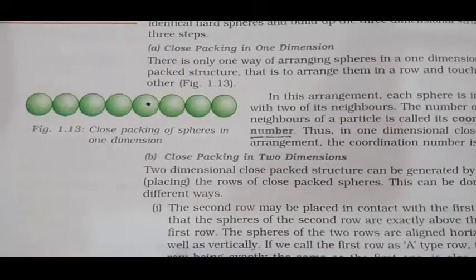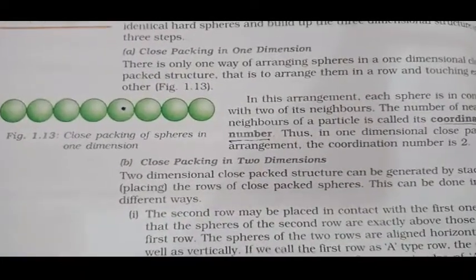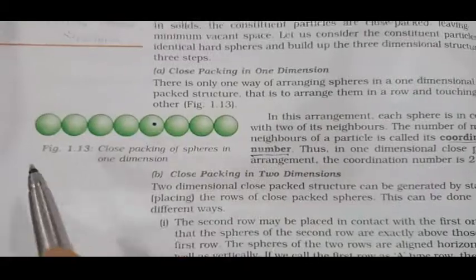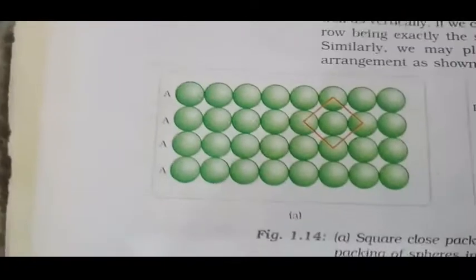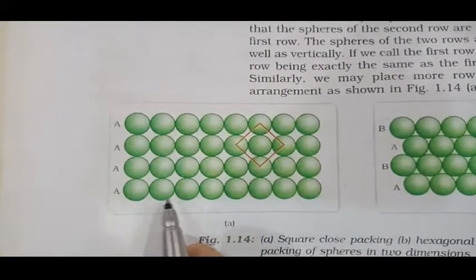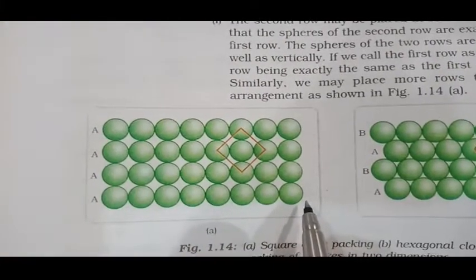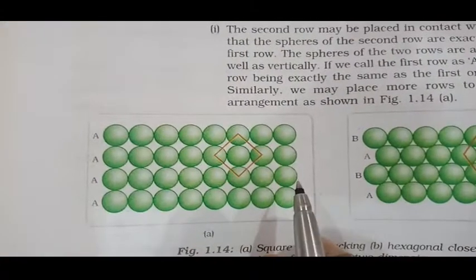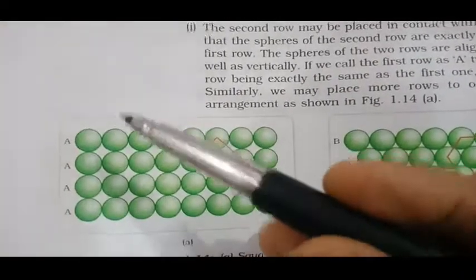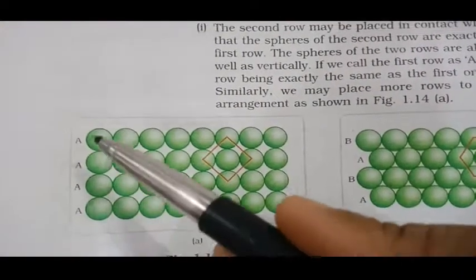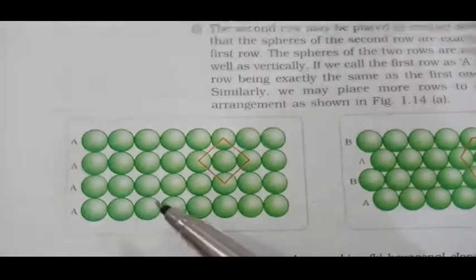Clear? So this is the close packing in one dimension. Now the close packing in two dimensions means when there are two axes, meaning if this is the x axis, then there is a y axis also. Clear? So in the case of two dimensions, there are two kinds of arrangement. If the particles are arranged in a row, and the second layer of the particles or spheres is just above each other, in direct contact with each other, this is one arrangement.